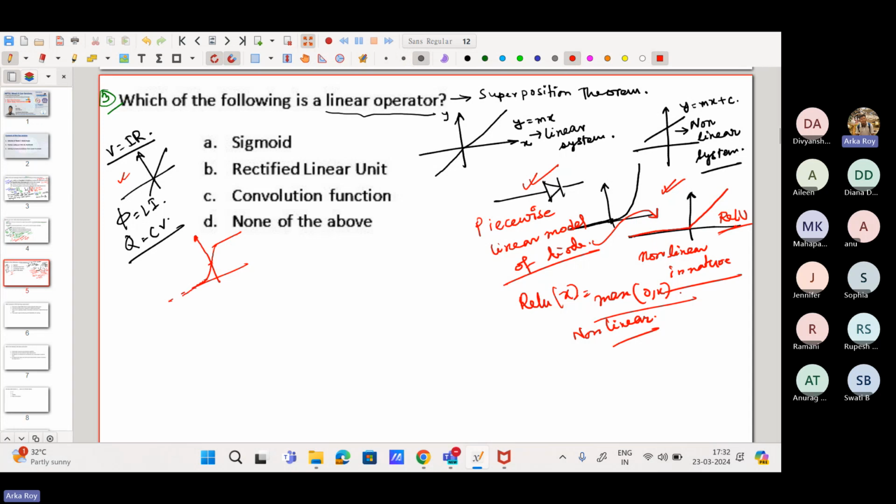At 0 input you get 0.5, at the positive end you approach 1, and at the negative half, as the value goes down, you approximately reach 0. You can see the response is nonlinear, as it is not a straight line. Therefore, this operator is also a nonlinear operator.